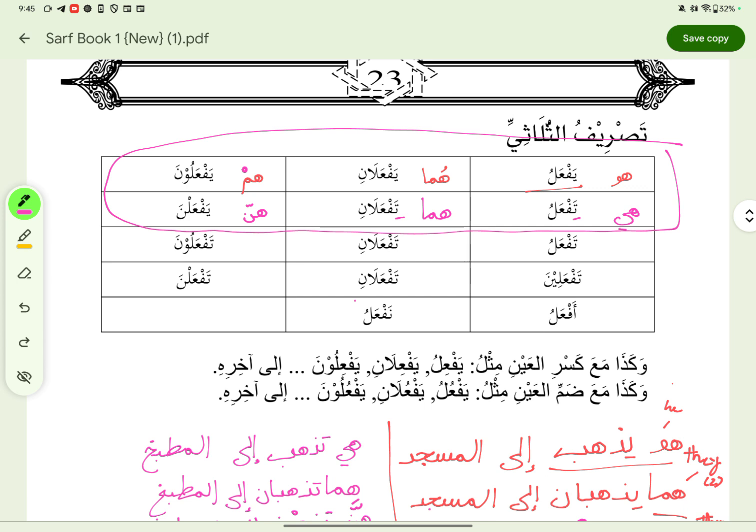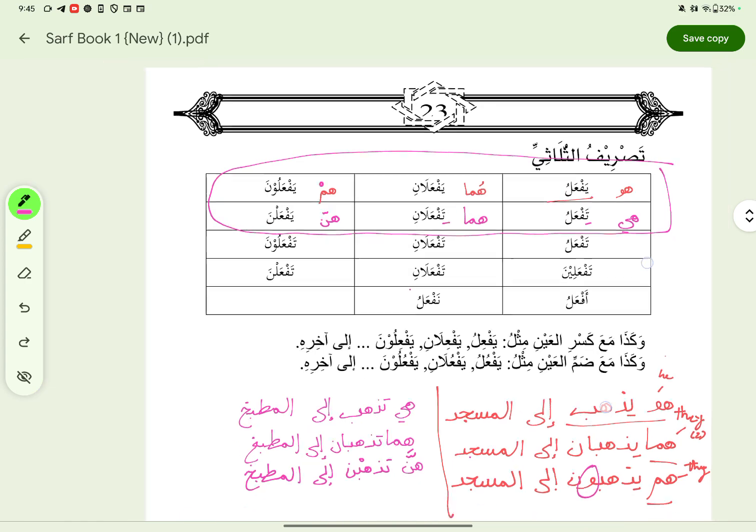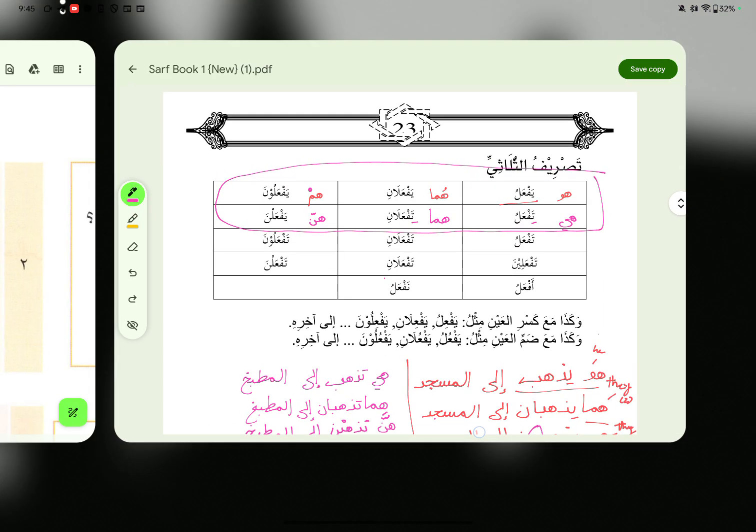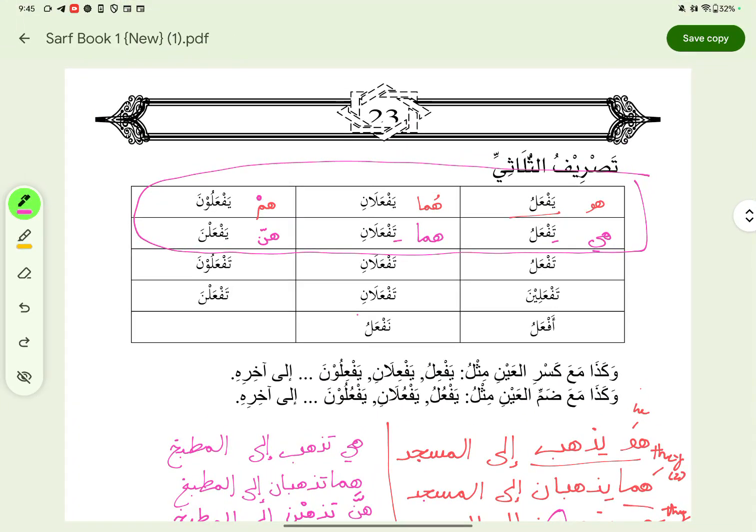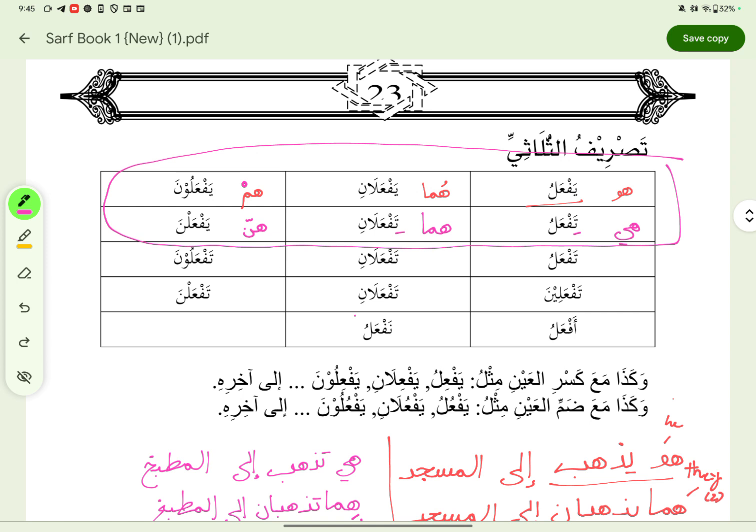Use the same ones I use. All right, so let me see, brother Saif. Assalamu alaikum, Sheikh. I could try it. Okay, no problem, inshallah. Use the word yaktubu.